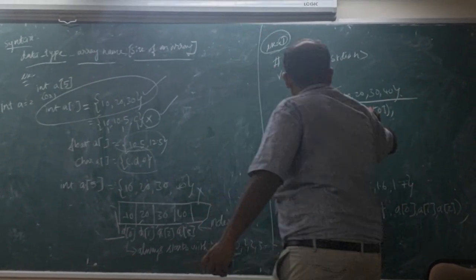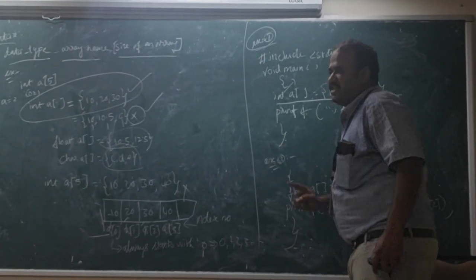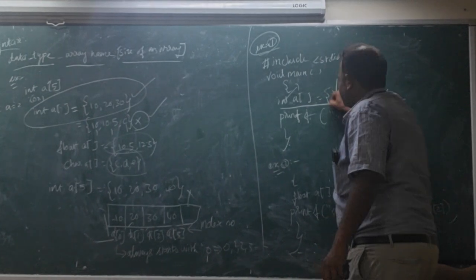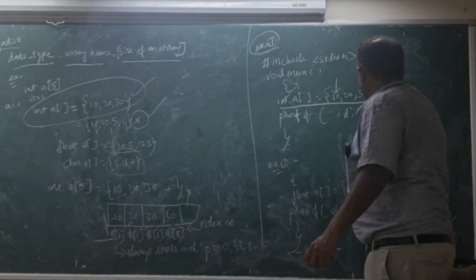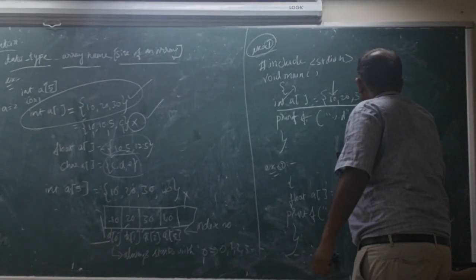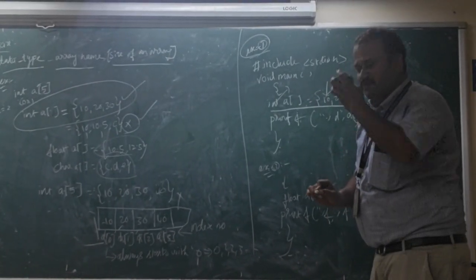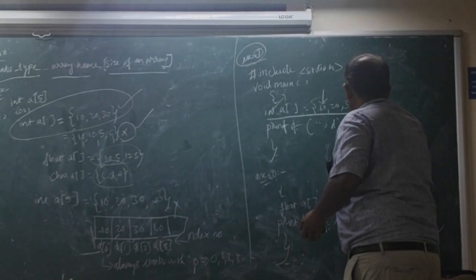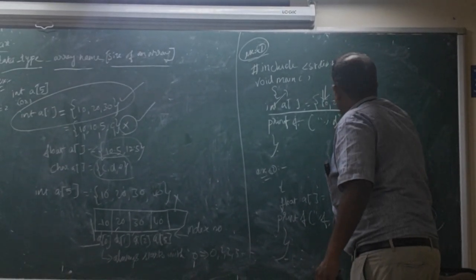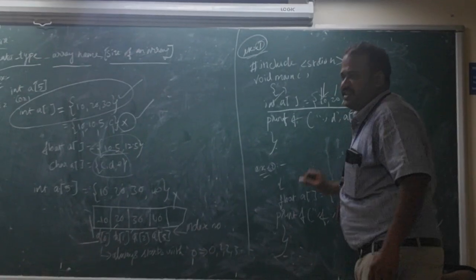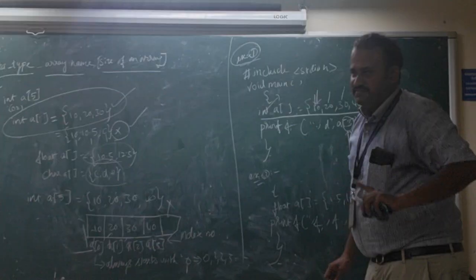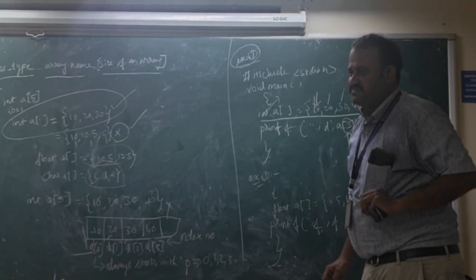This a of 0 indicates the value given first. We call this the index value. If I give a of 3, what is the answer? 40, counting 1, 2, 3, 4. So a of 0, a of 1, a of 2, a of 3. The index value should start with 0. It should not start with 1.